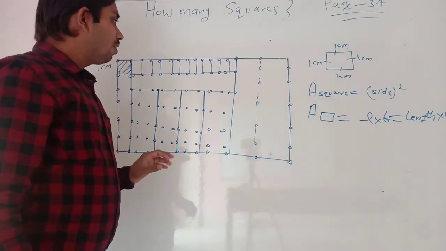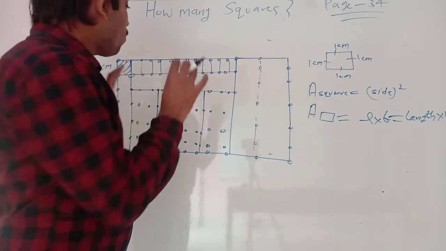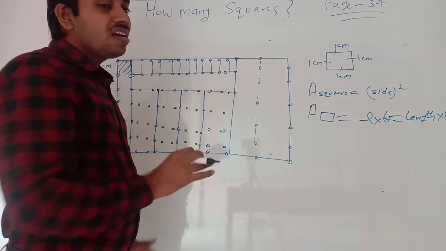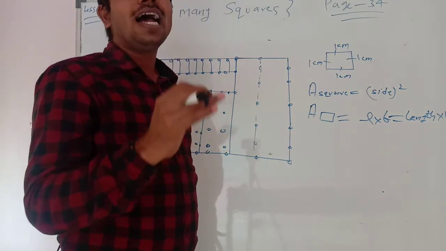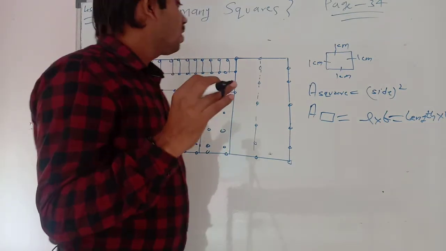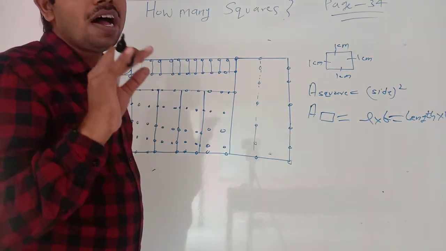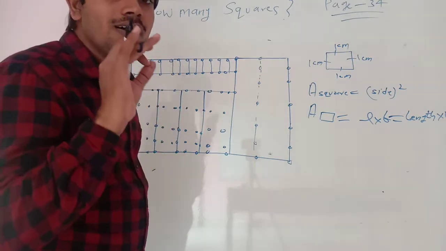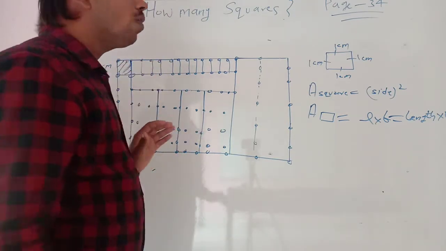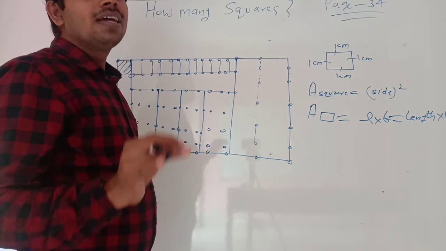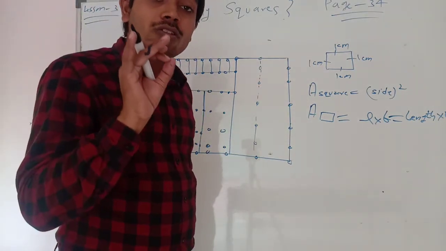But here in this rectangle, whatever squares are embedded, each square possesses the same side length and same area. I mean, all squares made in this rectangle are clones. Cloning is exactly copying, and therefore their length will be the same, their breadth will be the same, and their areas will also be the same.